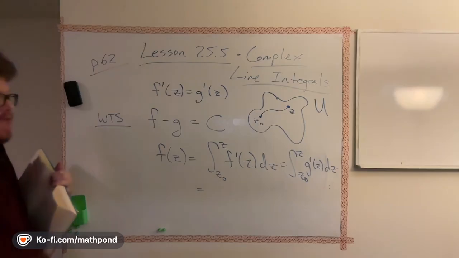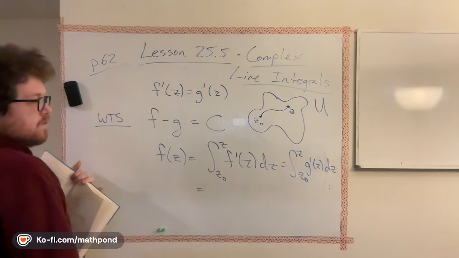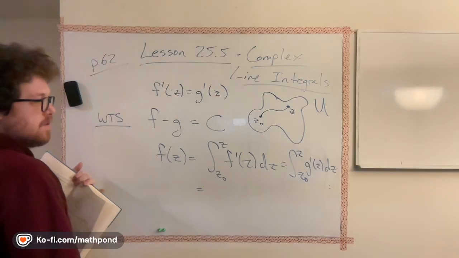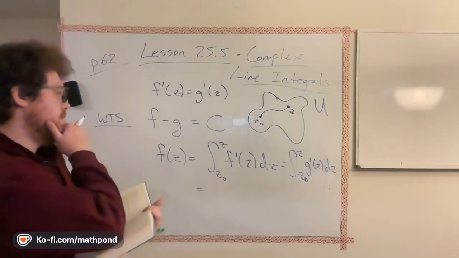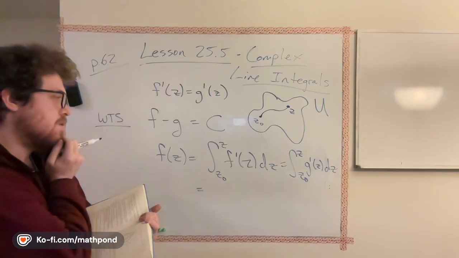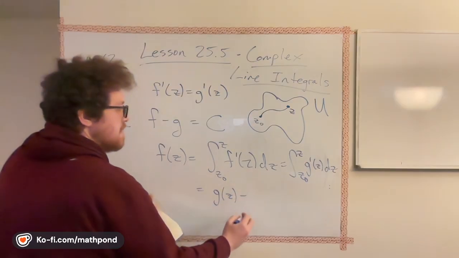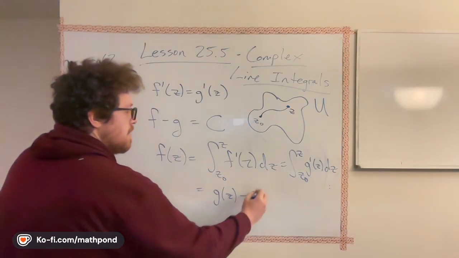Oh, wait. Yeah, so this is equal to what? This is equal to g of z minus some constant, which is g at the original point.